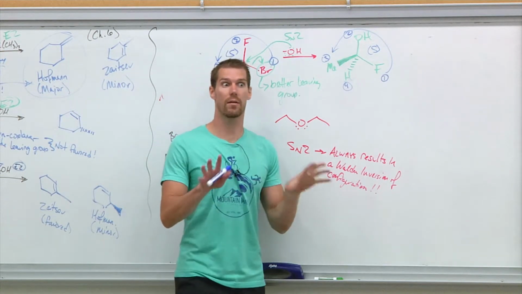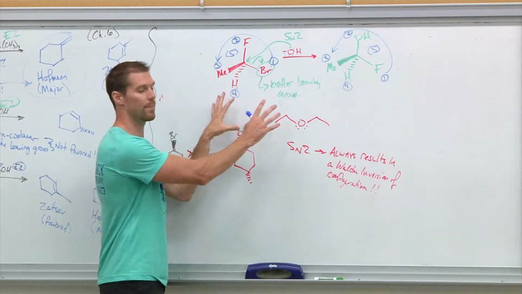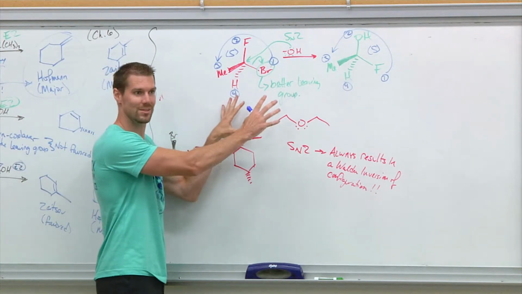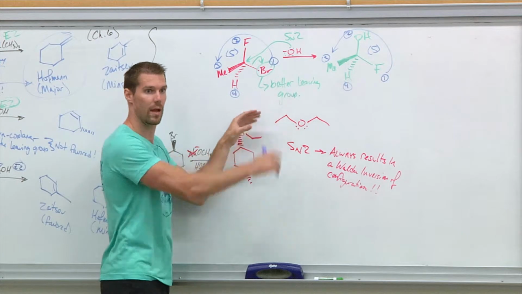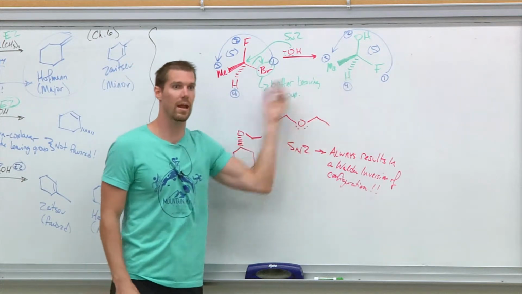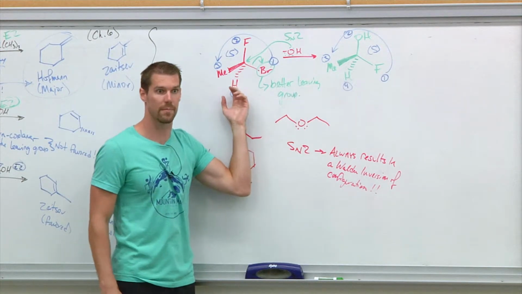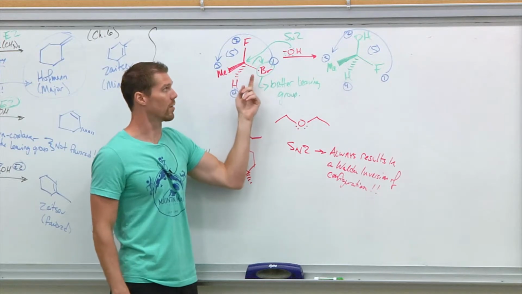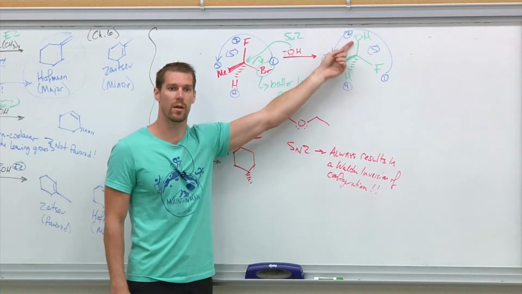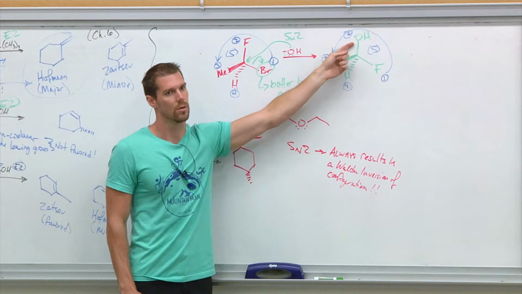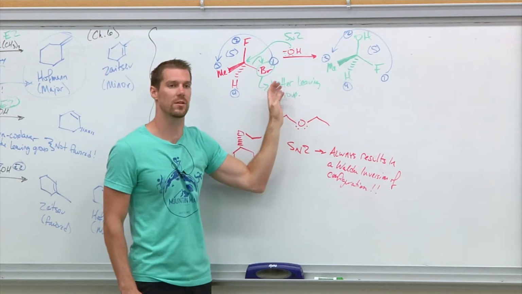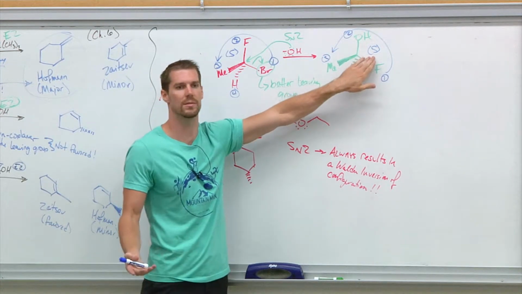So there are scenarios. And again, this is what separates good students from great students right here, okay? We made the mirror image, right? However, what we replaced the bromine with is lower priority. So when we redid our configuration, it just happened to be S still.